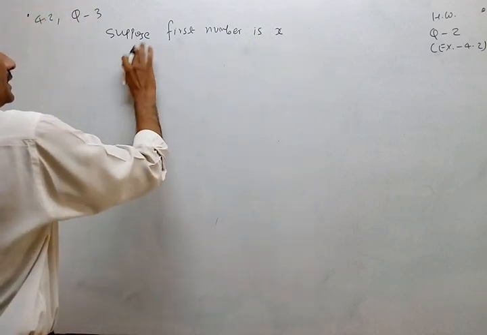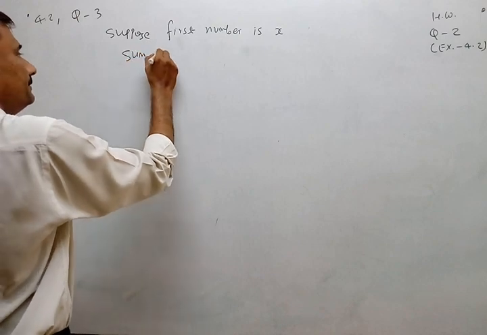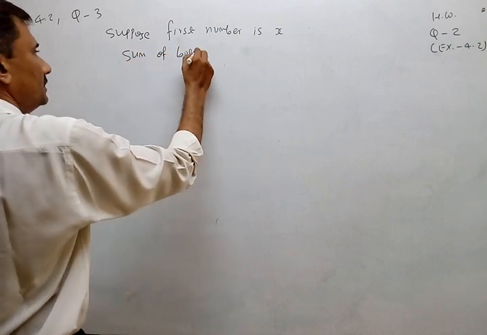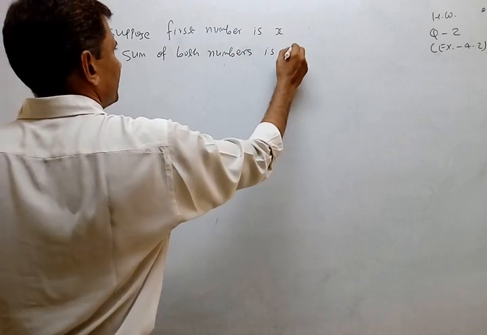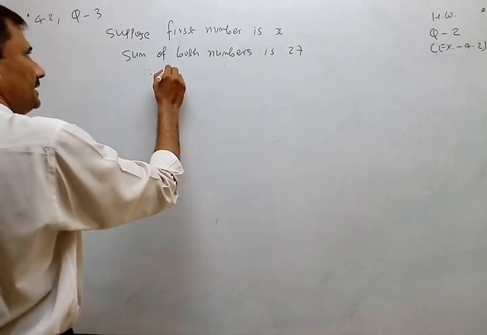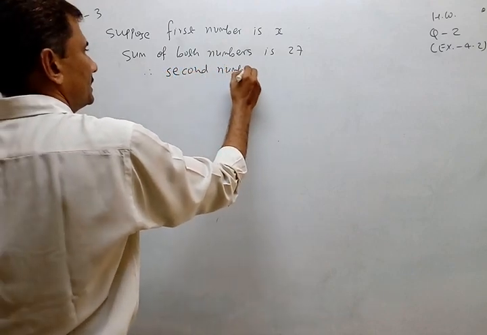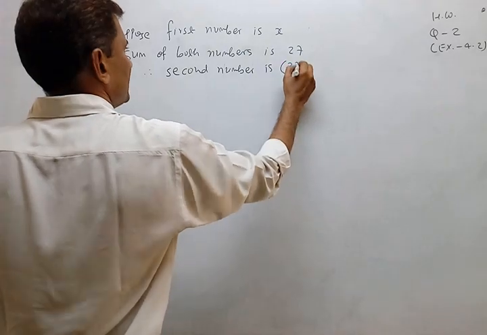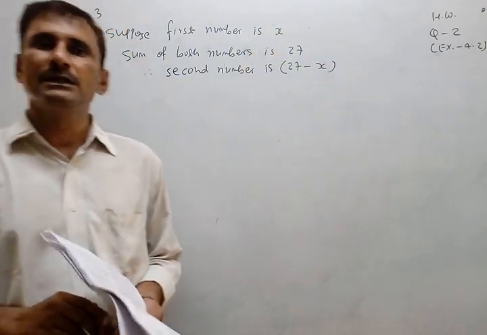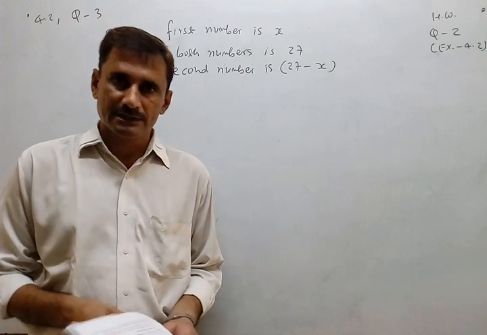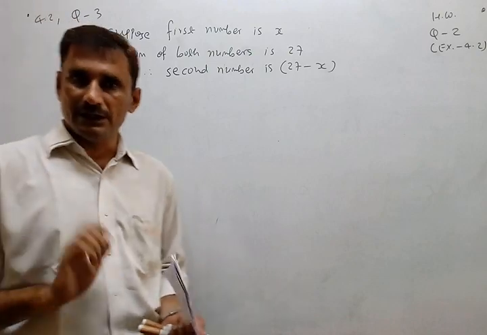Therefore, now you can give that statement also: sum of both numbers is 27. Therefore, can I say the second number is 27 minus x? Very obvious, because the sum of both is 27. So if one is x, then the other will be 27 minus x. So supposition is complete using the first data.